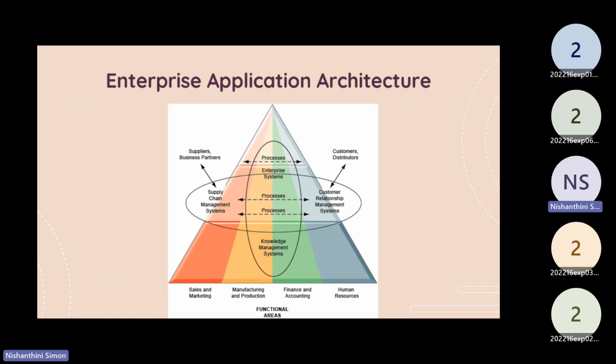And here we have the supply chain management system, the SCM. That also we consider one of the major enterprise applications. And then down here we have KMS, the knowledge management system. Have you heard about these four?